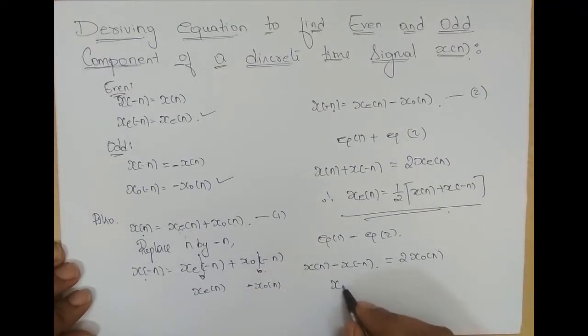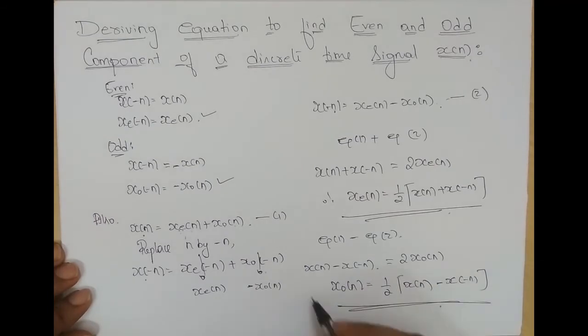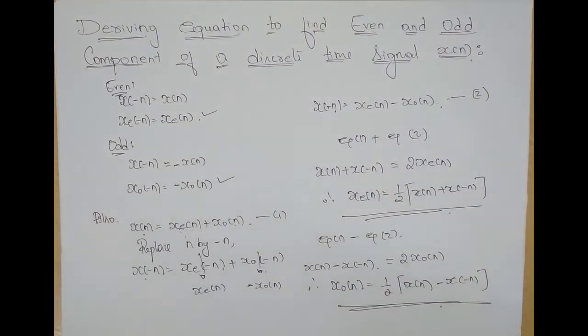If I solve for x_o(n), x_o(n) is equal to 1 by 2 times x(n) minus x(-n). So this is the equation to find the odd component of a discrete time signal.